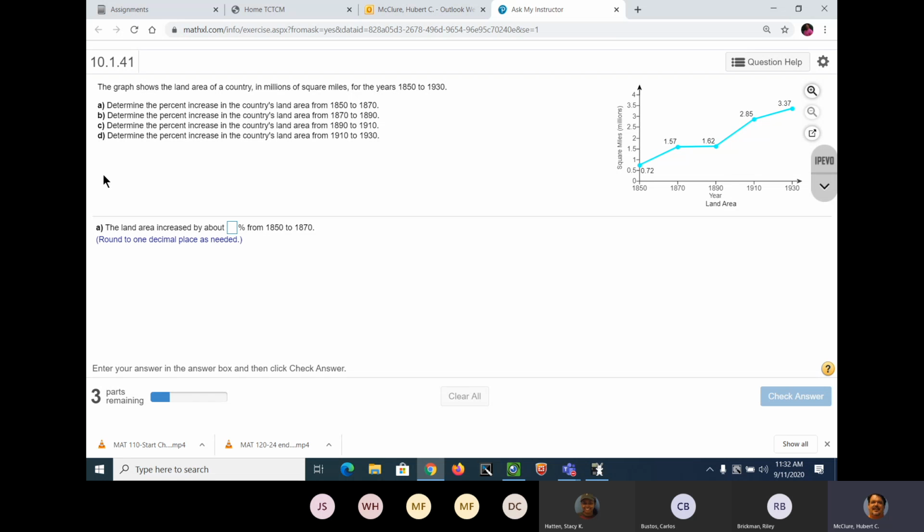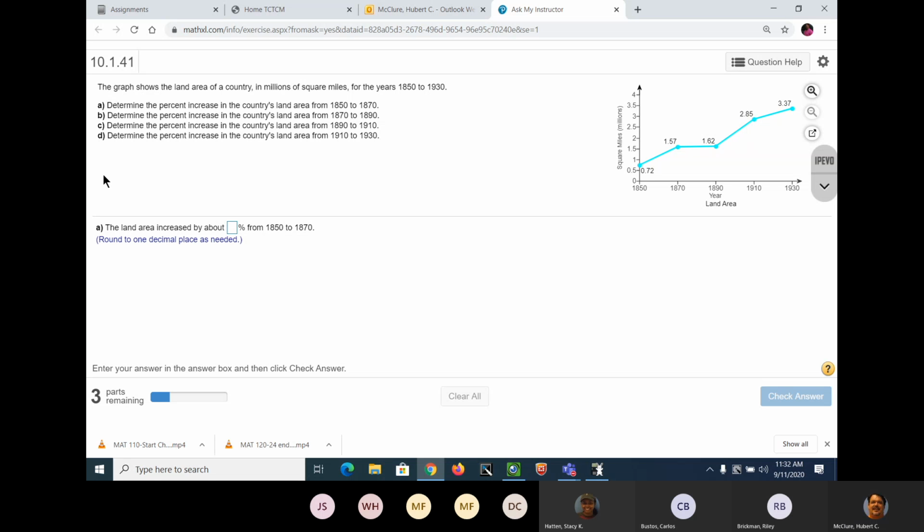This is good for standardized test questions. New minus old over new, multiplied by 100. No, new minus old over old. It's new minus old over old.